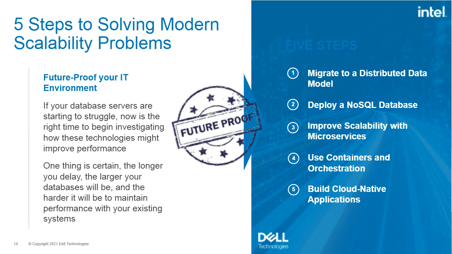And that's really where we're going as a company as well. Working with Dell and Intel, we see great synergy in what we're doing together. But it really is about preparing now for the future.